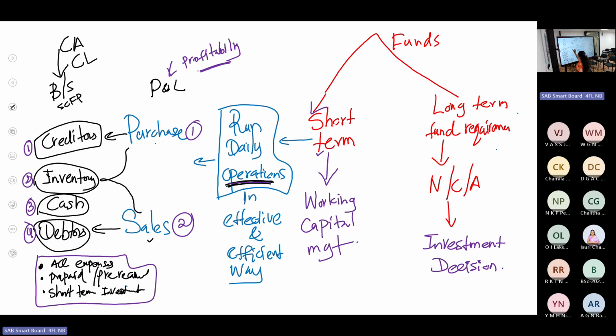If the company's purchase is low, the profit might be low, but if the company has high sales, the company reports high profitability. So handling the daily operation impacts profitability. Not only that, it is impacting liquidity as well.